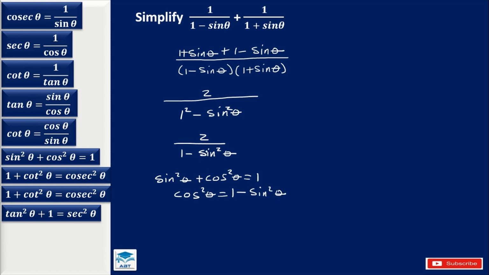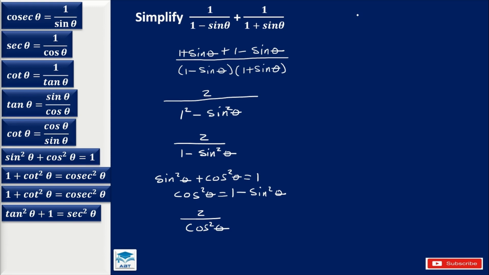So 1 minus sine squared theta can be written as cos squared theta. So this ratio becomes 2 divided by cos squared theta.